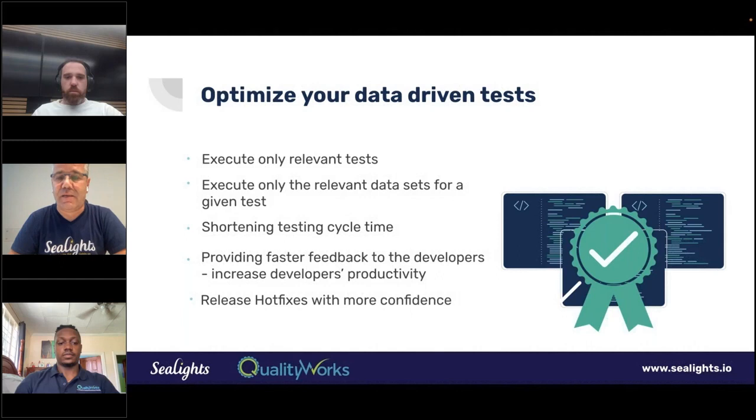Having a smart selection would increase the confidence of your hotfixes, and you would have the subset selected for you without compromising on quality, running a subset and even shortening the hotfix release cycle further.